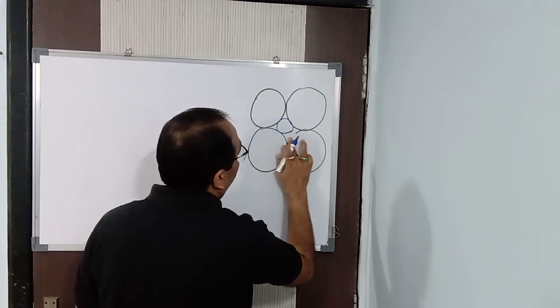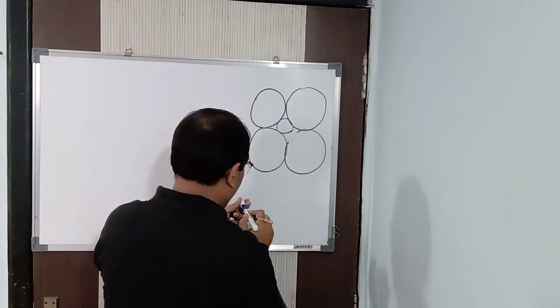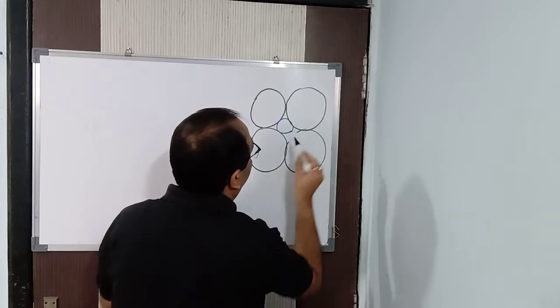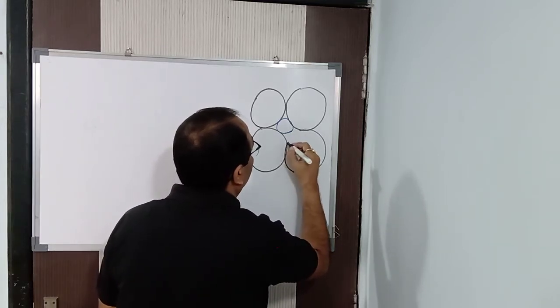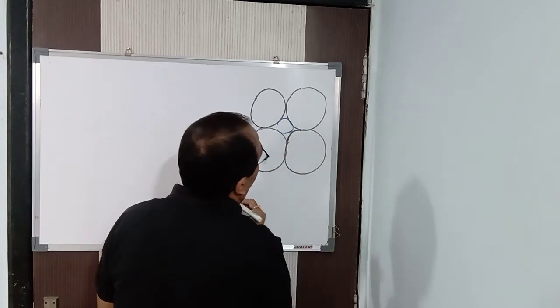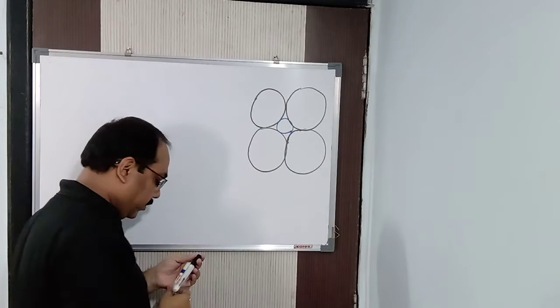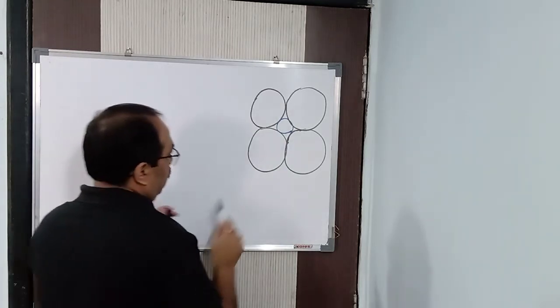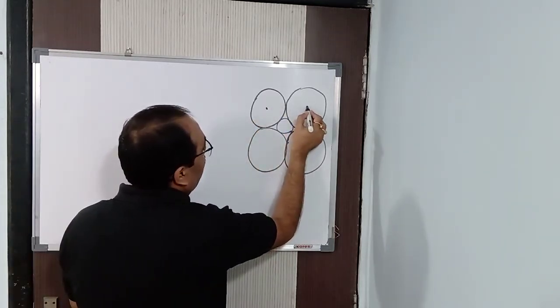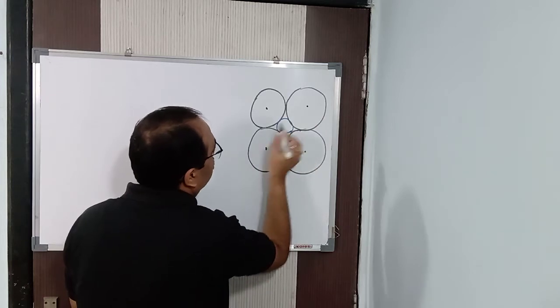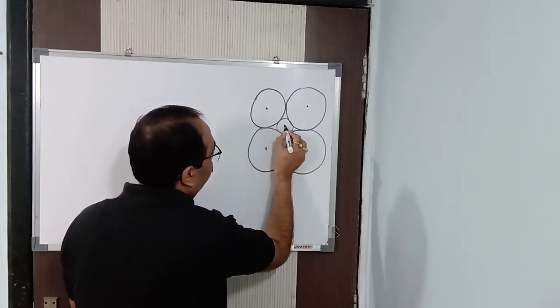This is your void, the one which I am drawing in blue. Here a little bit I have to do a merger. Yes, so you can see the atoms are touching. Fine. Now, these are the centers of the atoms, and this is the center of the void.